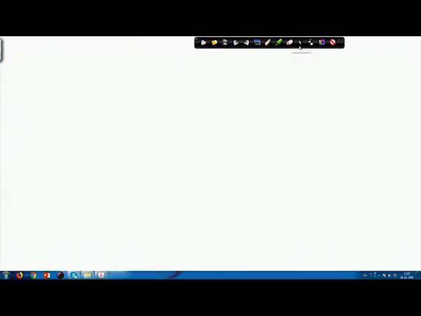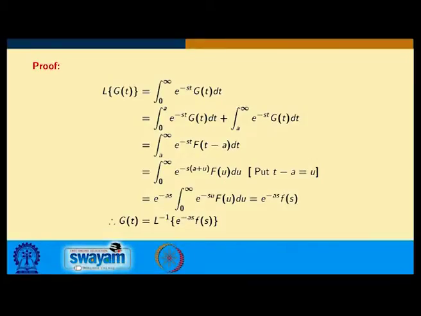Just the proof again: you see here, I am breaking it into two parts, 0 to a and a to infinity. The first integral vanishes, so it becomes the integral from a to infinity of e to the power minus s t f(t minus a) dt. By substituting t minus a equals u, you get the integral which I have shown already.